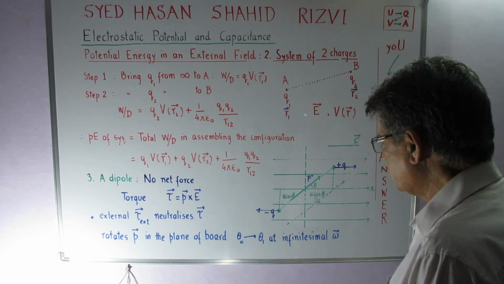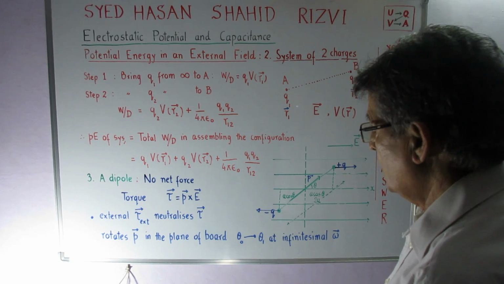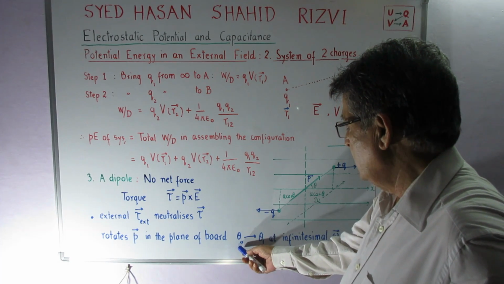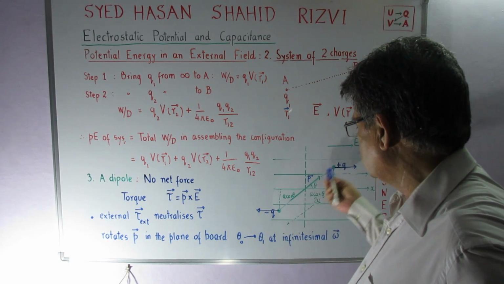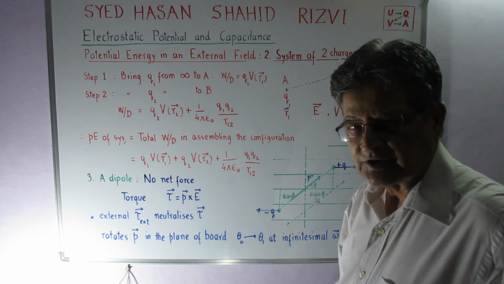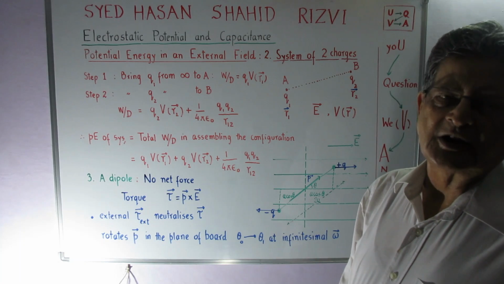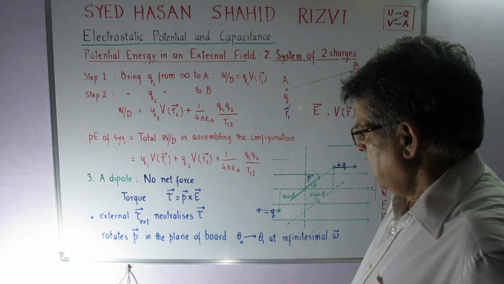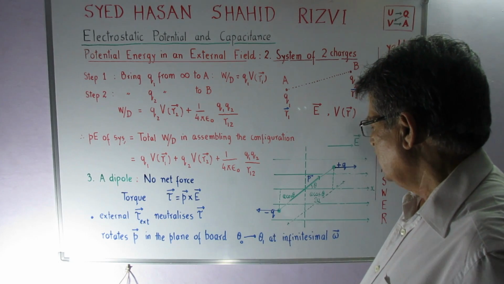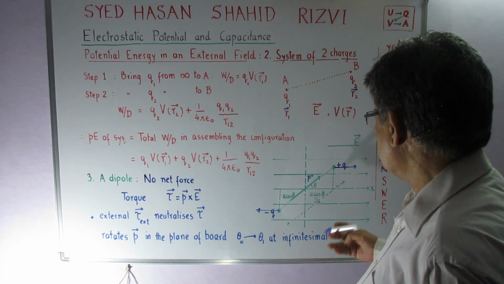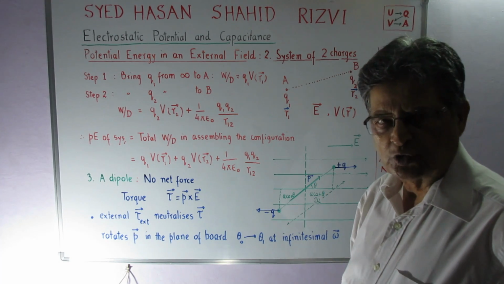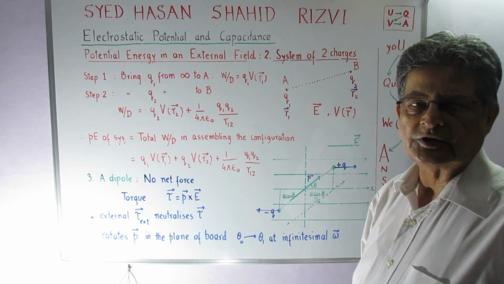It is to neutralize this torque, and thereafter we have to bring the dipole from a location of angle theta 0 to theta 1 or theta, whatever you want to say. One of the safest things is that theta 0 is taken as 90 degrees. It is a good choice, because cos of 90 degrees is going to be equal to 0.